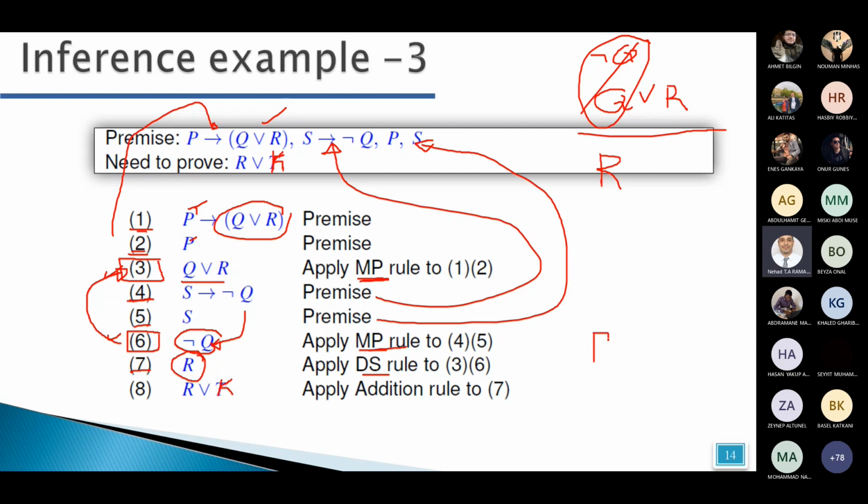We said if you have any premise true, you can use or with any other statement, because you have this side true already. Then put anything here, the statement is still true. So we can use the addition rule on this statement R. We can say R or K, or T, or Z, or Y, because we proved in statement 7 that R is true.